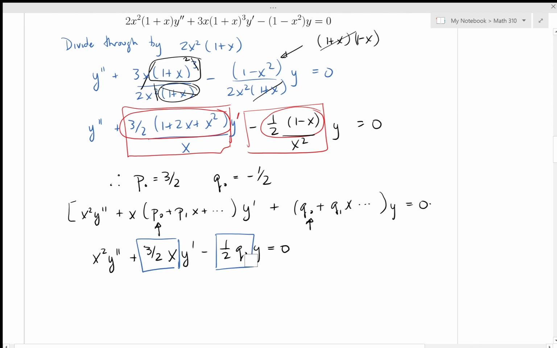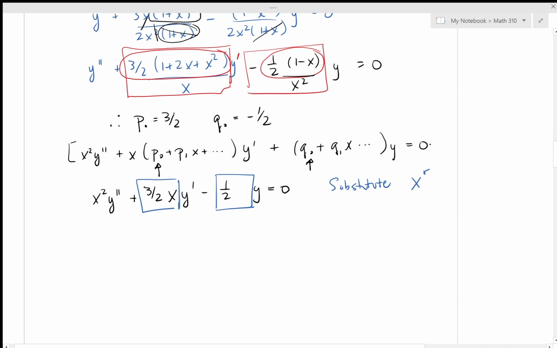Oh, there seems to be no Q0 here. Sorry, that Q0 is 1/2. So I now have an Euler equation, and to solve it, just like we did in the lecture on solving the Euler equation, I substitute x to the r.